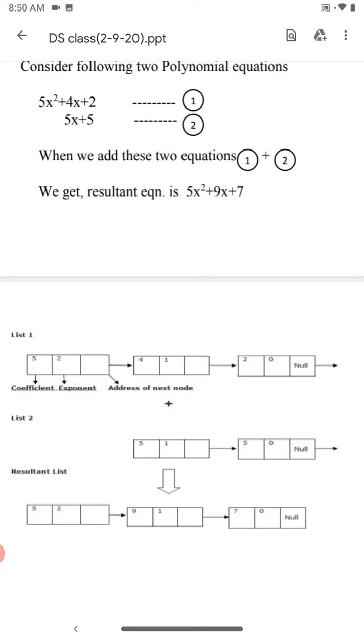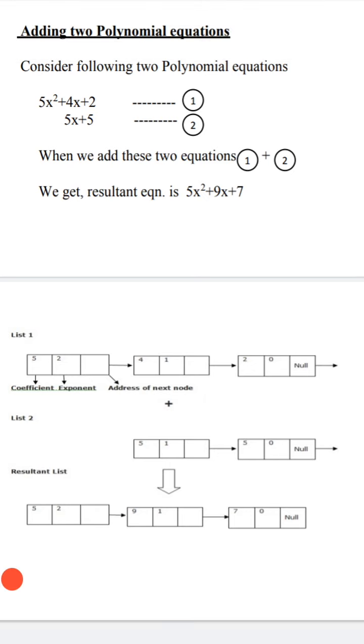Then list 2, which consists of the second equation, 5x plus 5. It has only two terms, so there are only two nodes, and each node has three parts. In the first node, the coefficient is 5 and the exponent is 1, since it is x power 1, then the link part represents the next node.